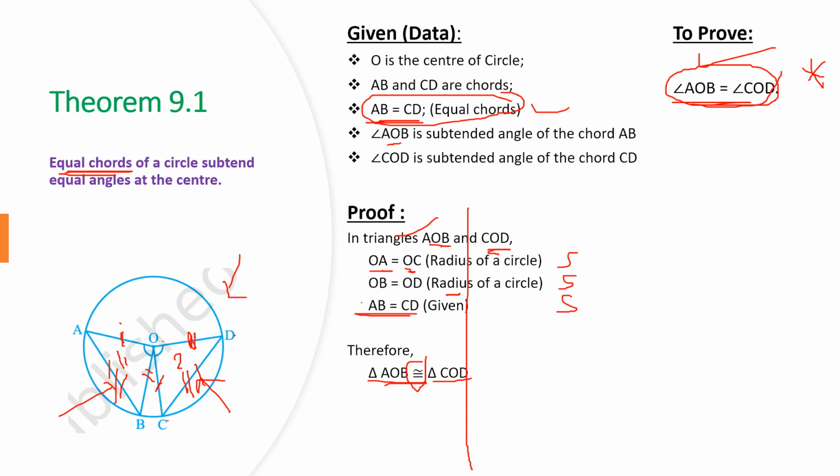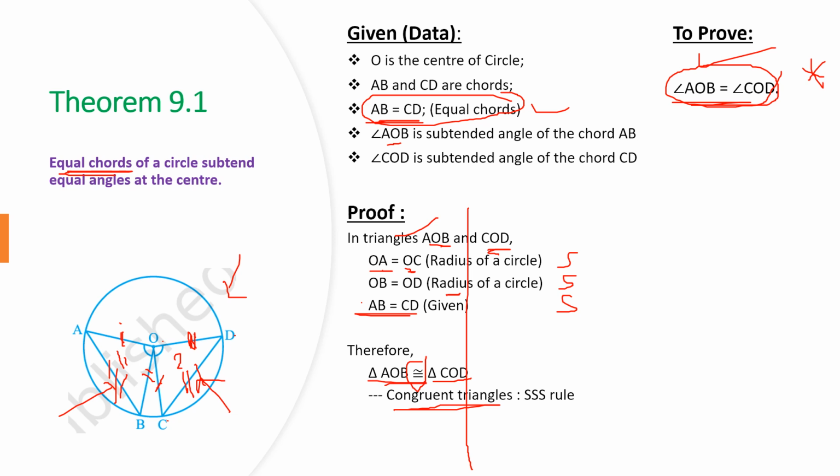Triangles one and two are congruent. The question now is why we are able to conclude this. We'll see that because of the congruency of triangles, which we are going to study in another chapter on triangles.